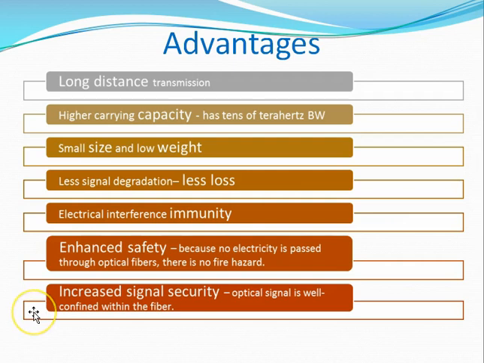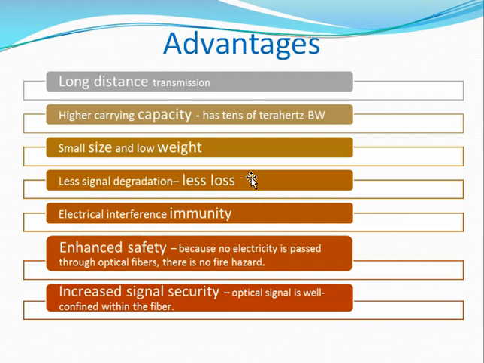So let us see some of the advantages that fiber optic has over copper systems. Fiber optic can be employed for long distance transmission. It is also able to carry high capacity data up to 10 terahertz in terms of bandwidth. Its small size and low weight have become useful in network systems. It also has less signal degradation and less loss.